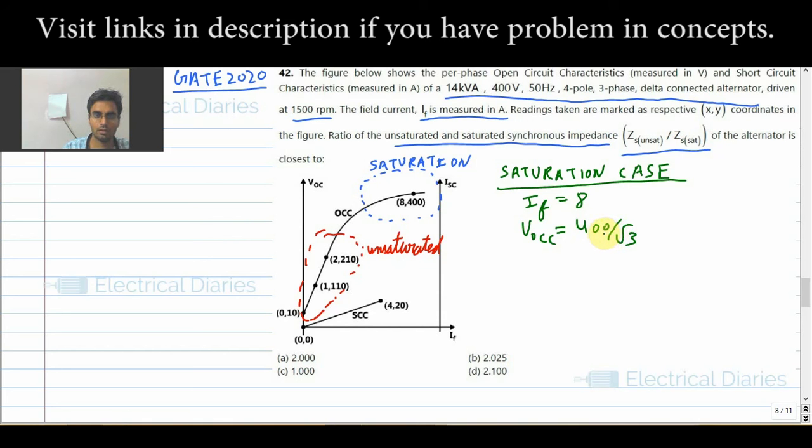Now the slope of this line, that is the short circuit characteristic, I should mark it like this. Slope is what? 20 by 4, that is 5.